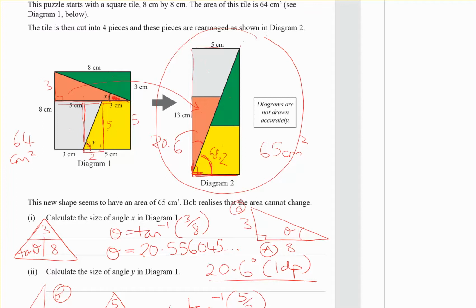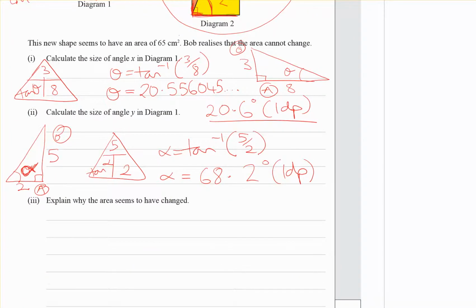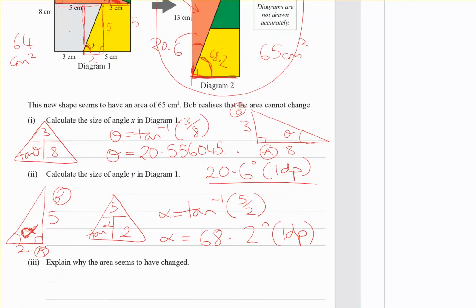It's actually a parallelogram. If I just accentuate that, it would be a parallelogram like that, and you don't work out the area of a parallelogram by using the base times the slant height, which is essentially what they've done here. So explaining that, we'll look at this corner here.